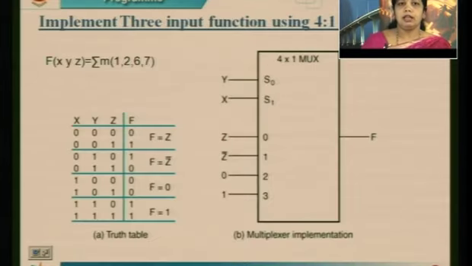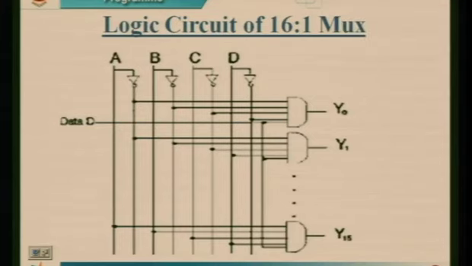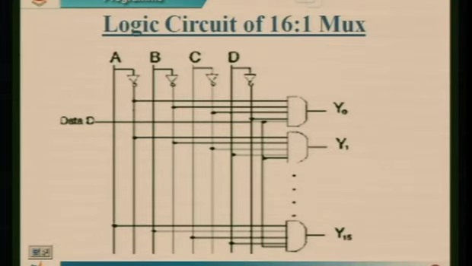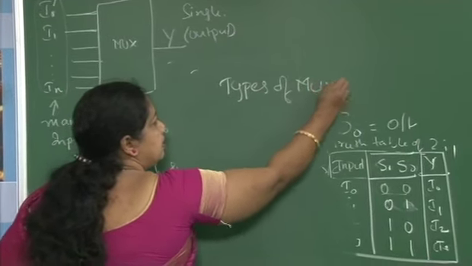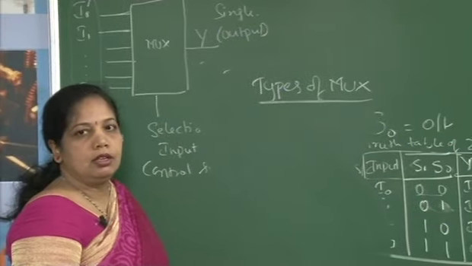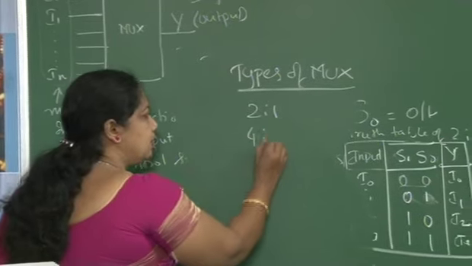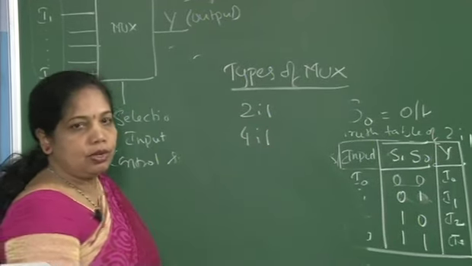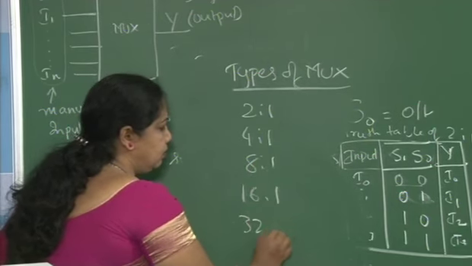Similarly, I can generate 16:1 mux and 8:1 mux. Let us discuss the types of multiplexers. Multiplexer is also termed as mux. We have 2:1 mux, 4:1 mux, 8:1 mux, 16:1 mux, 32:1 mux.